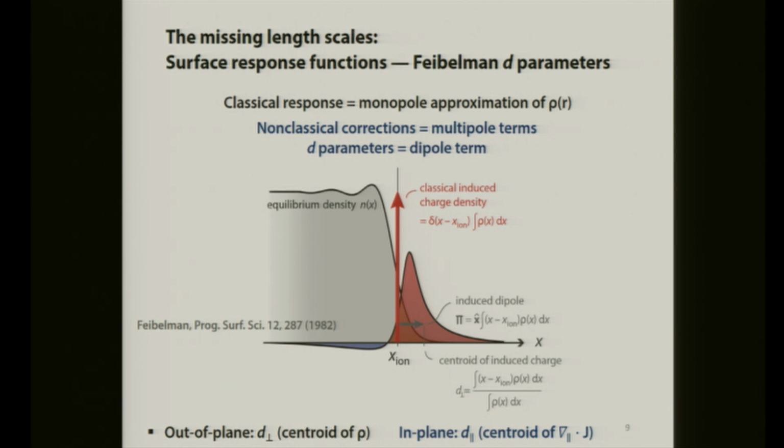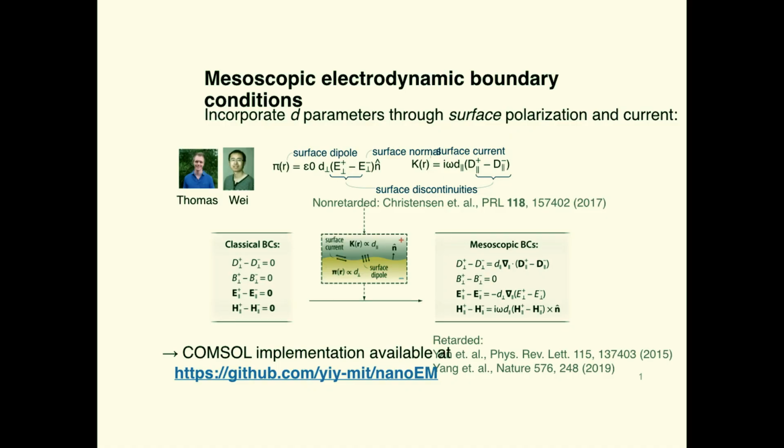And since these D parameters correspond to the dipolar term of the induced polarization decomposition, they drive effective surface dipoles and surface currents that are proportional to the field discontinuity across a given interface.